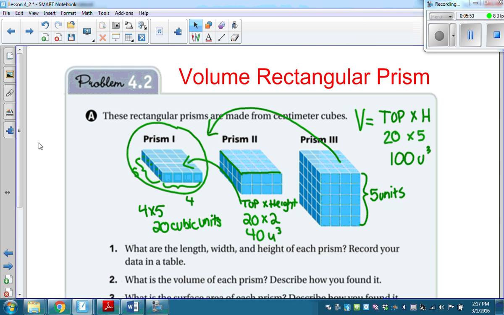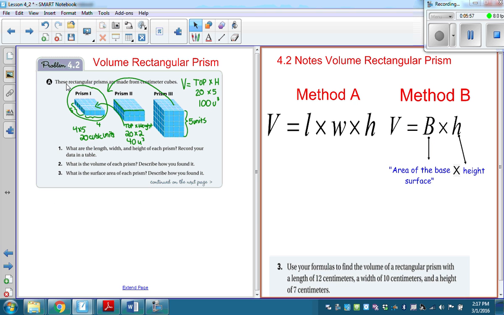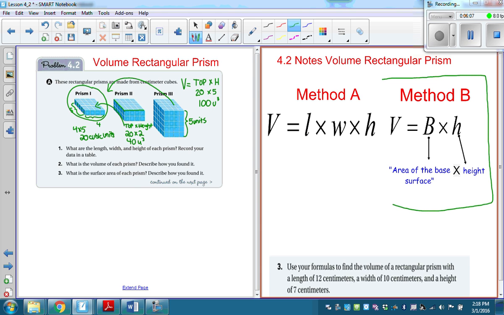So let's look then at some rules. Over here, there's these rules. The rule that we were using is this. And that says the volume of a rectangular prism is the area of the base surface.